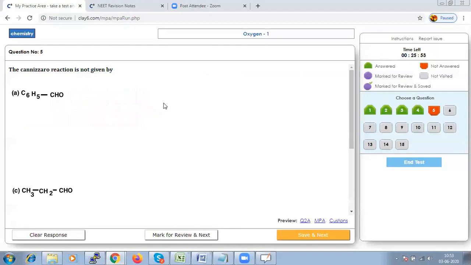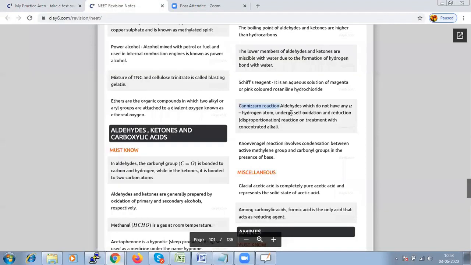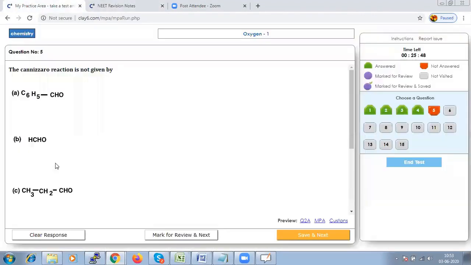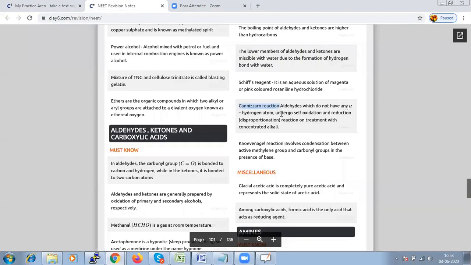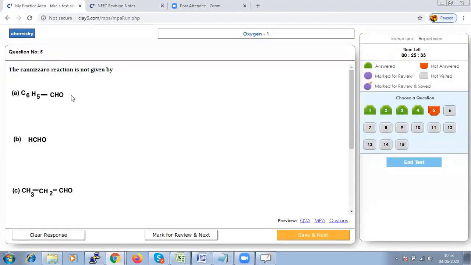The Cannizzaro reaction is not given by, as we discussed, aldehydes which do not have an alpha hydrogen atom will undergo the Cannizzaro reaction. Hence, from the given options, we have to check which does not have an alpha hydrogen atom. If we check which is not having the alpha hydrogen atom, that will show the Cannizzaro reaction.